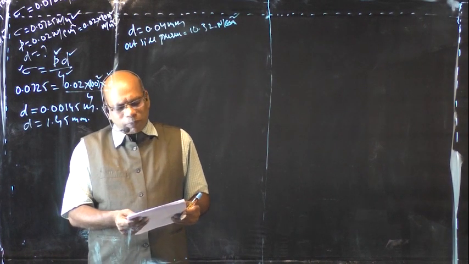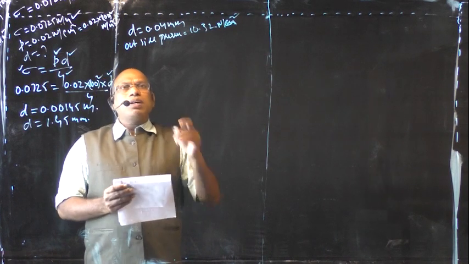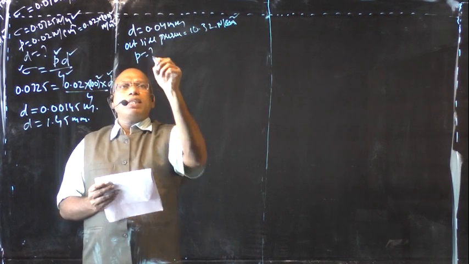That is the atmospheric pressure. Here D is equal to 0.04 mm. Calculate the pressure within the droplet. What is the pressure P within the droplet?